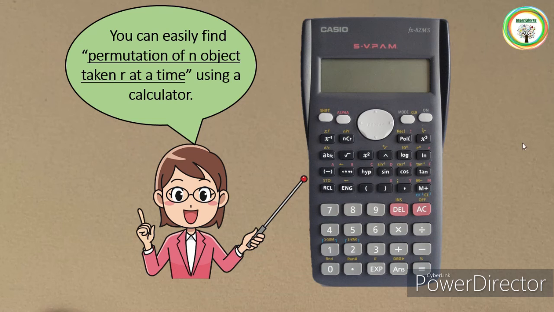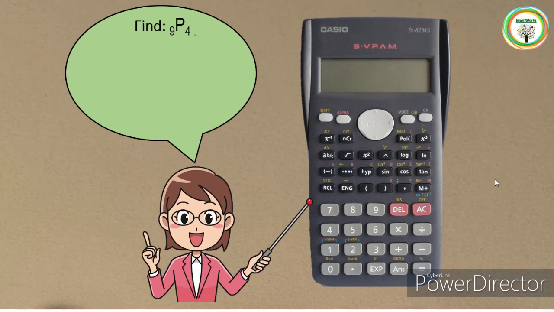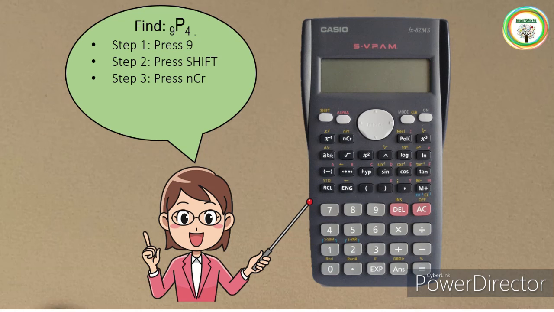Okay, so if you are using this kind of calculator, follow this step. Example, find permutation of 9 taken 4. So, step 1, press 9. Step 2, press shift. Step 3, press NCR.